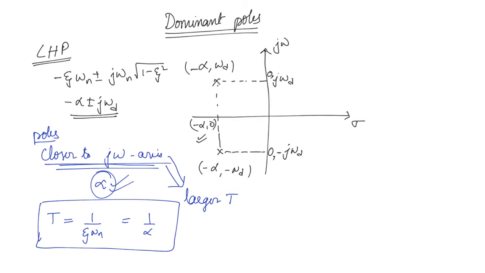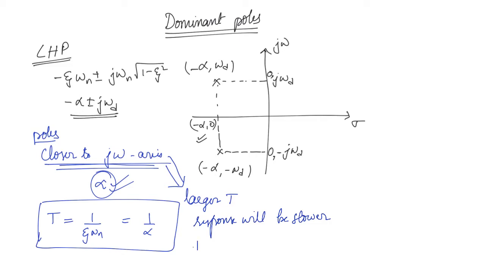So what will happen when the time constant is large? The response will be slower. So the system response will be slow, which implies that the transients will take more time to decay.